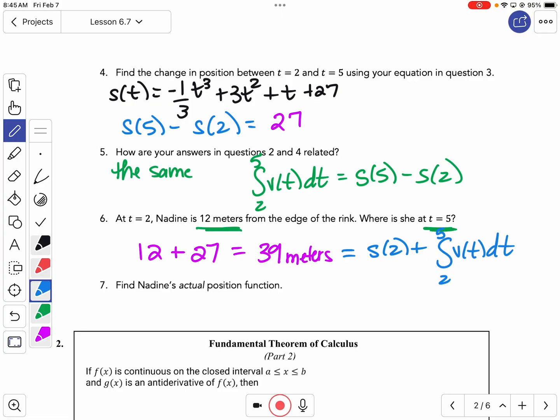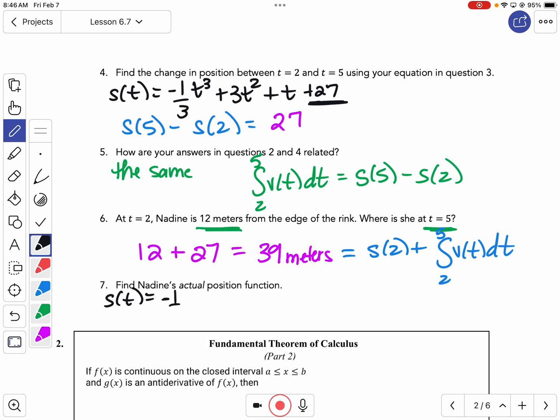Now, the last thing they asked me to do is to find her actual position function, because we just had 4 or 5 different answers in terms of what her position function was, but we all got the same accumulation. So let's try to figure out what is her actual position function. We're going to take that S of t function that we had, and instead of a number at the end, we're going to put a variable, because it can change.